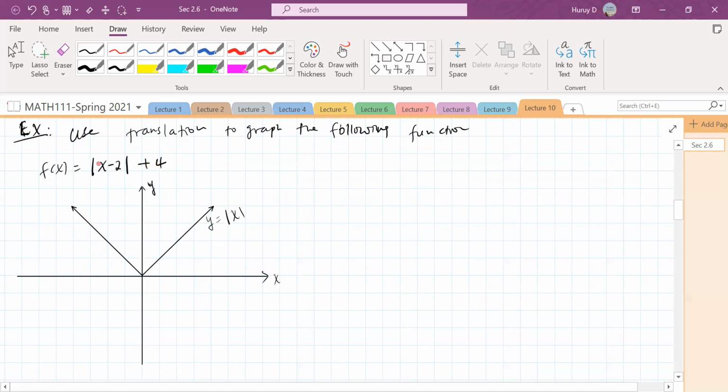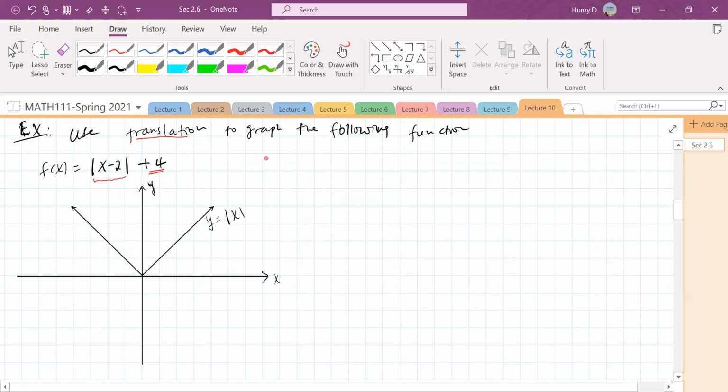Now the question is, how can I use the translation techniques to graph this function? In this case, there are two translations. One is vertical translation, and another is horizontal translation. Okay. First, let's do the horizontal translation.